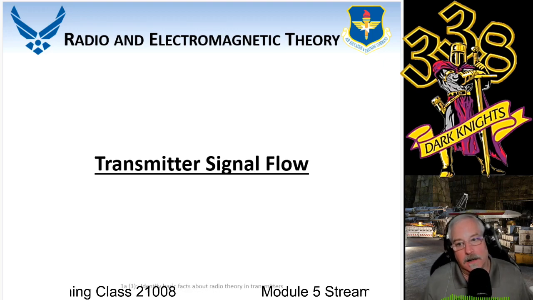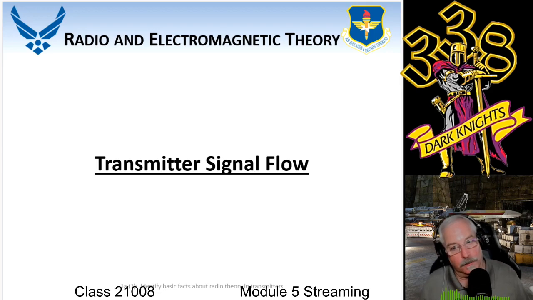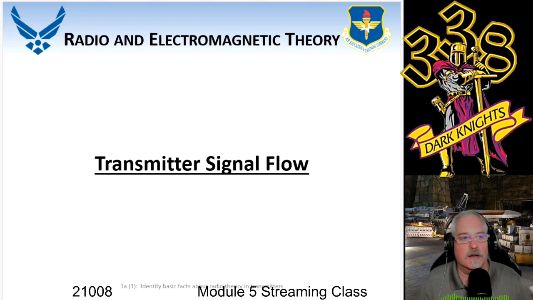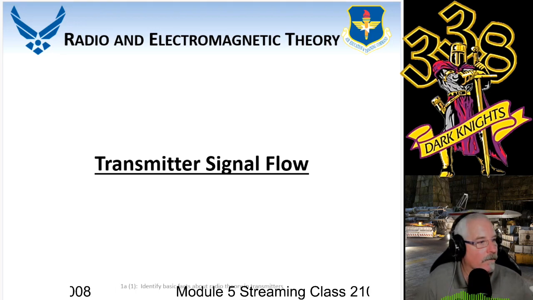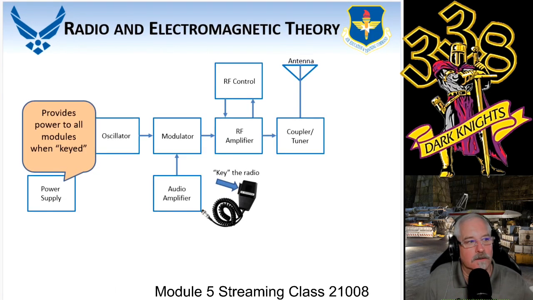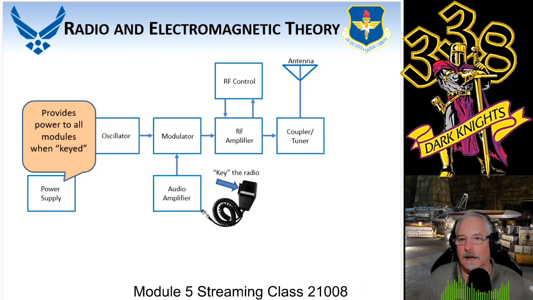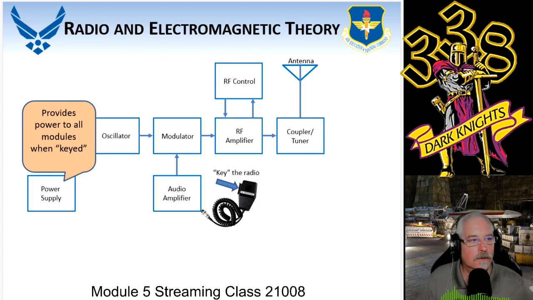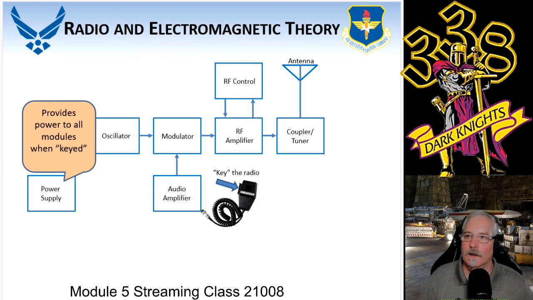It could be the mic, cable, it could be the radio, it could be the oscillator. You don't know. So you've got to figure this out by using the signal flow. Let's take a look at this. Well, first of all, with anything, when you flip that switch, the power is going to go to all the modules.